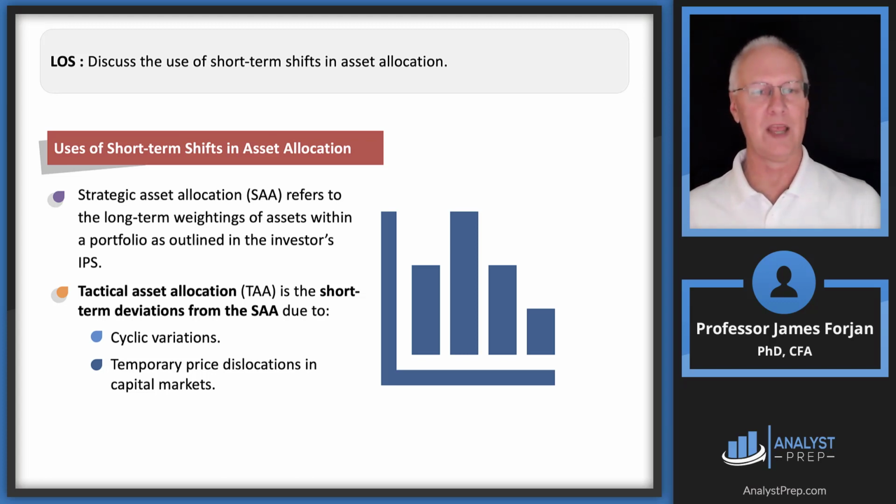But I also gave you examples of where there are pockets of inefficiency and pockets of undervalued and overvalued securities. And so, boy, what do we do? Well, this is the tactical asset allocation. These are short-term deviations due to, well, those two teardrop points, but a host of other kinds of examples that show up.